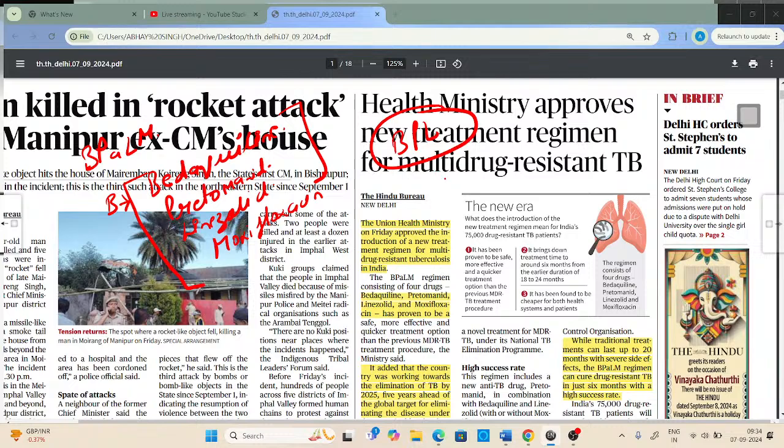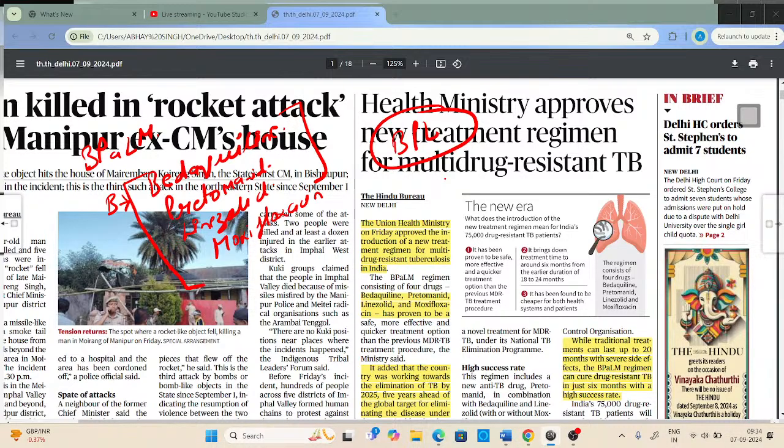Now, a few other important facts about tuberculosis: India has decided that it will eliminate tuberculosis from India by 2025, whereas the target for the world is 2030.